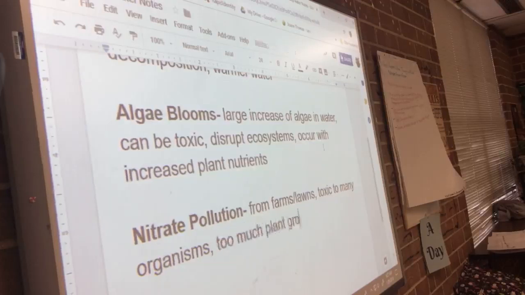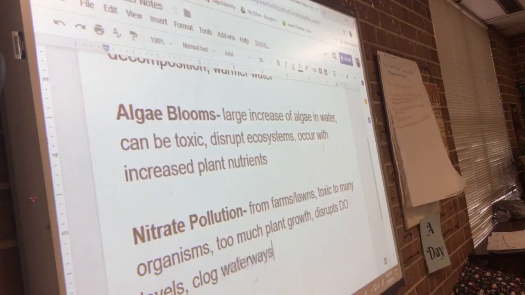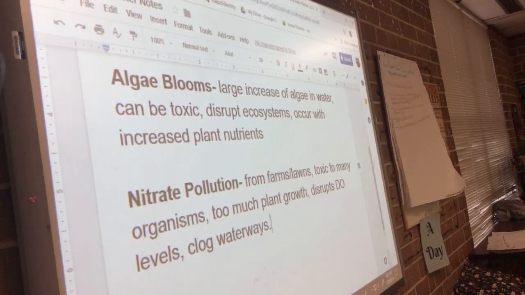Too much plant growth. We just talked about how that can cause algae blooms. We'll say disrupts dissolved oxygen levels, clog waterways. Y'all have got nitrates down pretty well.